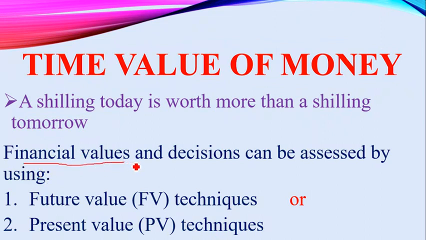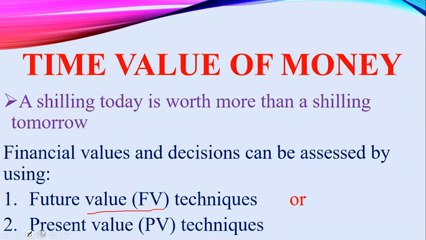Financial values and decisions can be assessed using two methods: the future value techniques, and the present value techniques. Future value techniques are applied to get the value of a currency today in the future. That is, if I have 1,000 shillings today, what is its value 10 years to come?